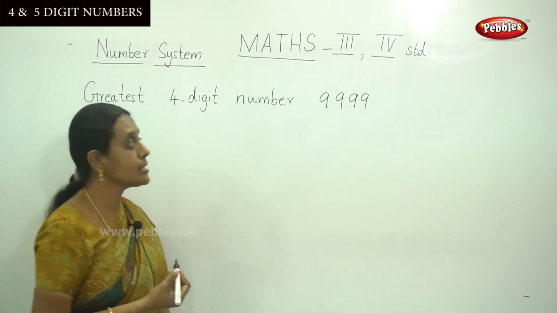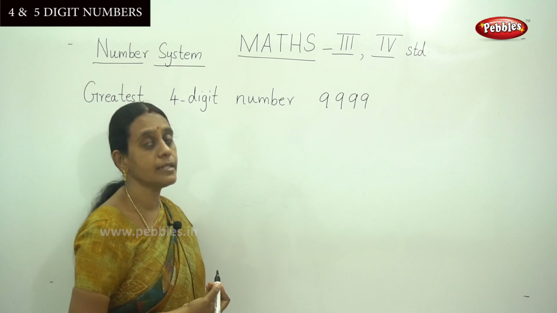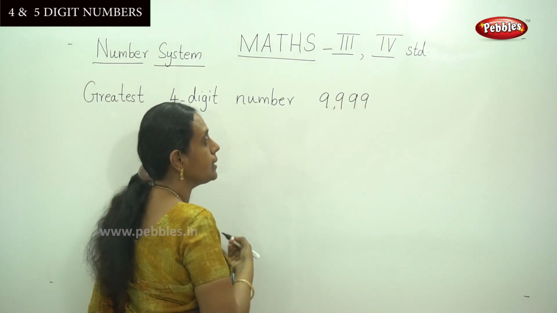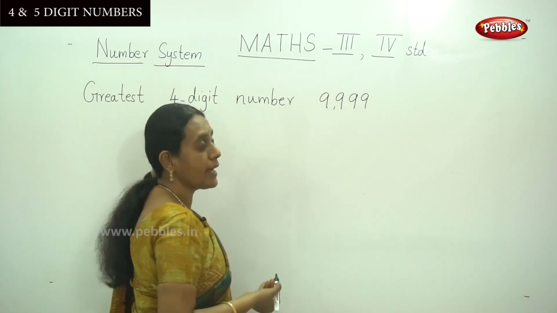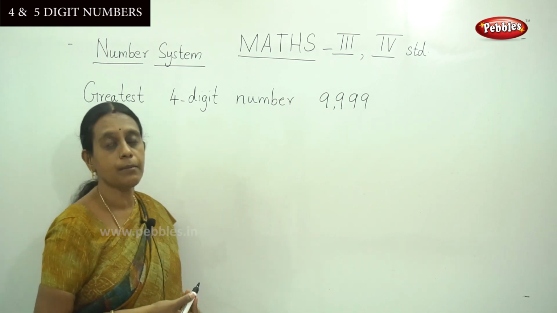How do you read this number? 9999. Ones, tens, hundreds, put a comma. So this is the greatest 4-digit number.